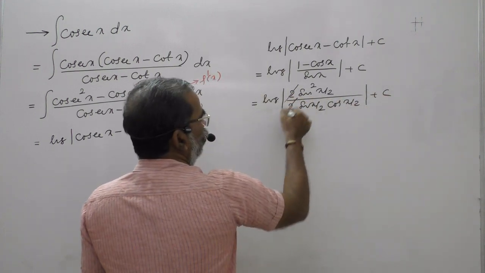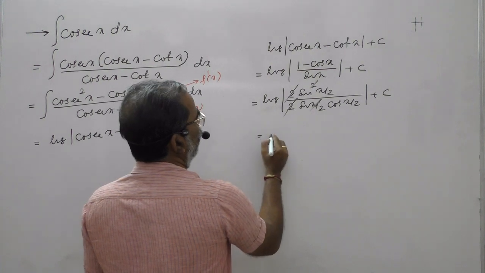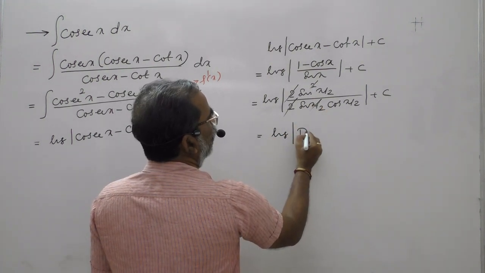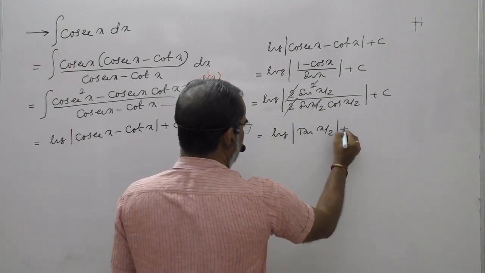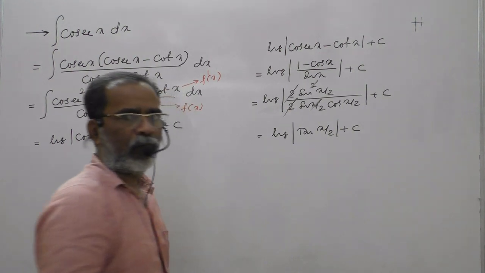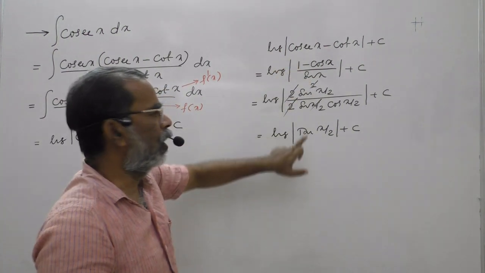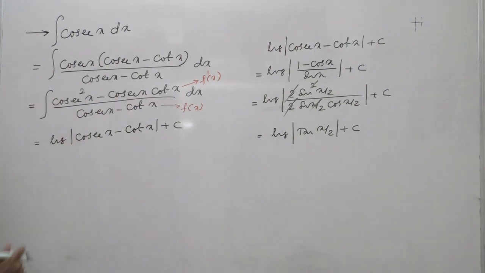I can cut 2 and 2, and one sin x by 2. We will have log of sin x by 2 by cos x by 2, which is tan x by 2 plus c. So integral cosec x dx is either this or this. Whichever you require, you can take that.